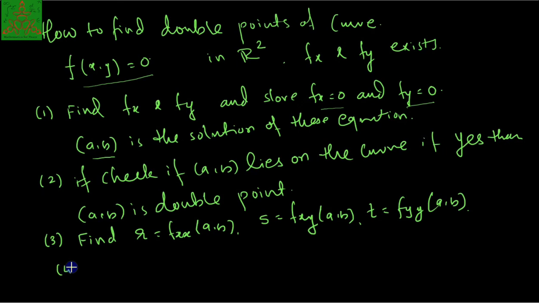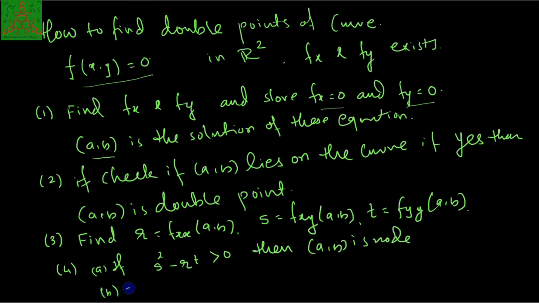The fourth step is to check: part A, if s squared minus rt is positive, then (a, b) is a node. Second, if s squared minus rt is negative, then (a, b) is an isolated point.